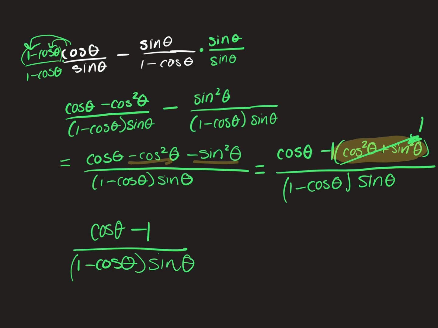So what happens with that one? It's just there now. It's minus 1 because it's negative 1 times 1. All right. Can we cancel anything? Cosine? Not quite. Almost. So we have cosine minus 1 and 1 minus cosine.